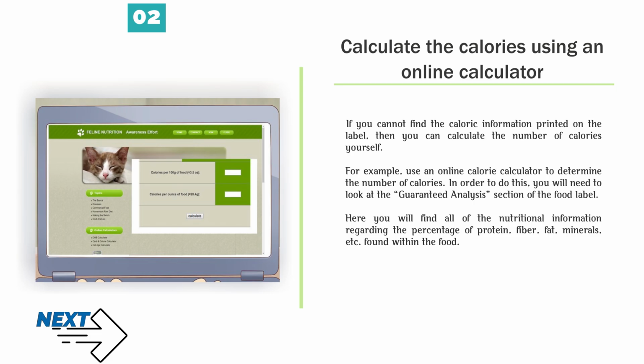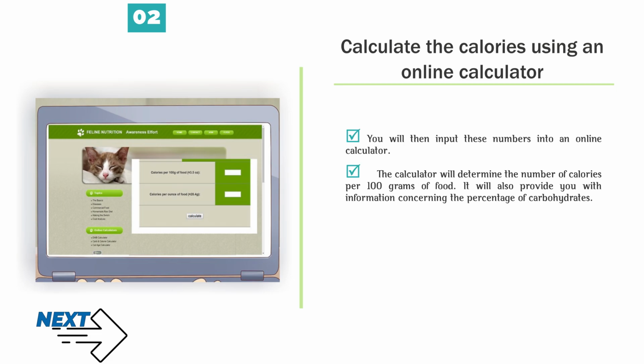Here you will find all of the nutritional information regarding the percentage of protein, fiber, fat, minerals, etc. found within the food. You will then input these numbers into an online calculator. The calculator will determine the number of calories per 100 grams of food. It will also provide you with information concerning the percentage of carbohydrates.